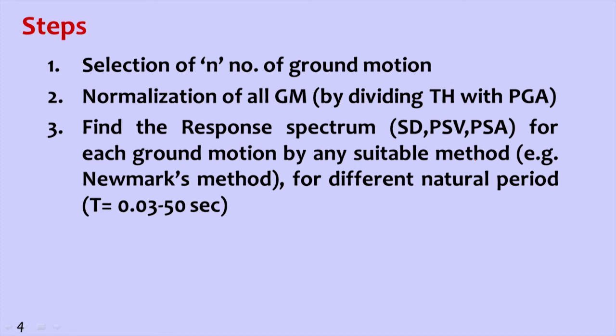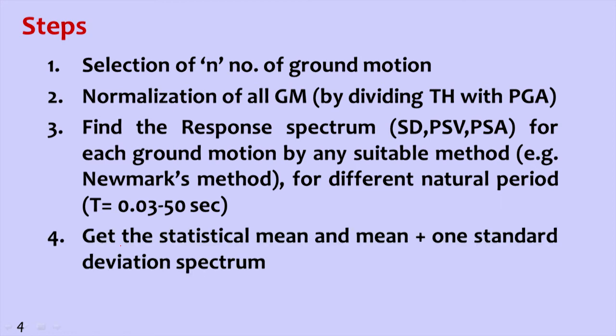We can use, say, Newmark's method or the central difference method. The natural period on the x-axis can range from 0.03 seconds up to 50 seconds, so long natural periods are there.